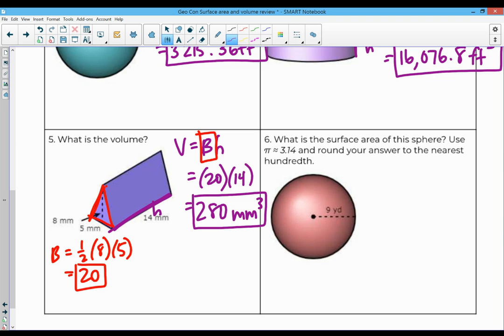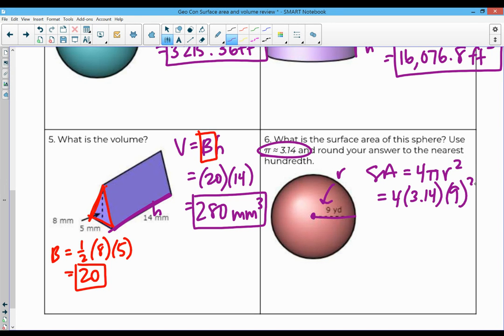Okay, another surface area of a sphere. We did one like this before, same idea. Surface area is 4 pi r squared. So that 9, because it's going from the center out, is the radius. So we have 4 times 3.14 times 9 squared.